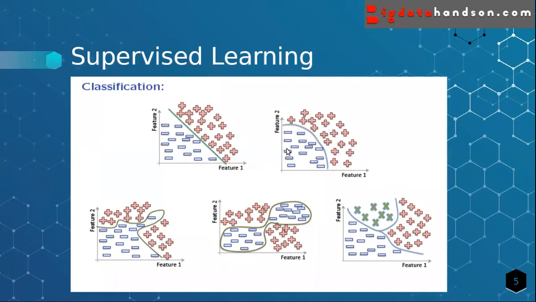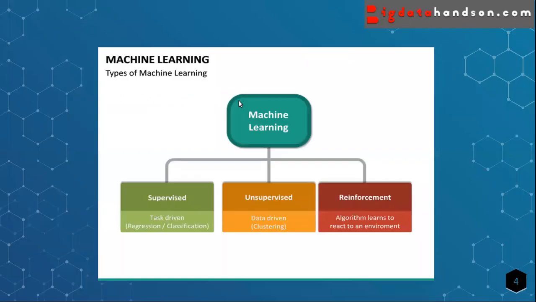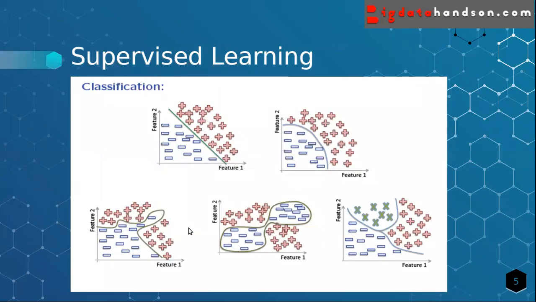Let's see first supervised learning. In supervised learning, we have two types: regression and classification. So what is regression and classification? Regression is for continuous type of data, classification is for categorical type of data.